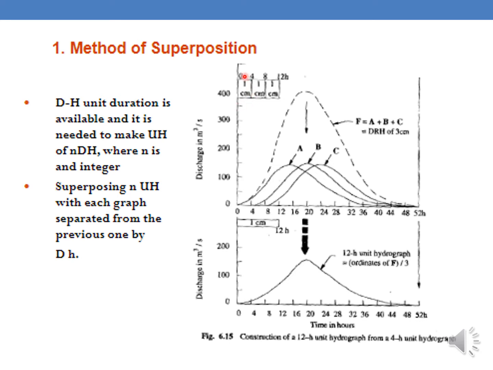Here in this figure a 4-hour unit hydrograph was given and the question was to convert that to a 12-hour unit hydrograph. So 12 by 4 is 3. Similarly, you need to draw 3 unit hydrographs to get this. You need to add three 4-hour unit hydrographs to get this 12-hour unit hydrograph.